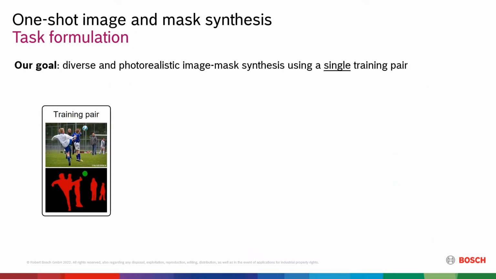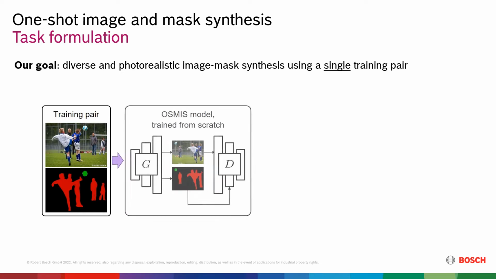Therefore, in this work, we aim to learn a high-fidelity, joint synthesis of images and masks having as little limitations on the data domain as possible. To this end, we propose a novel GAN training setup in which we assume availability only of a single training image and its segmentation mask. In contrast to prior work, we do not rely on any image dataset for pre-training, aiming to train our model from scratch.